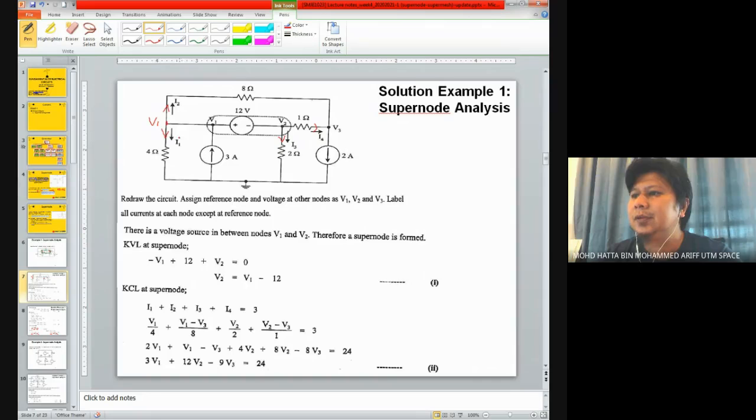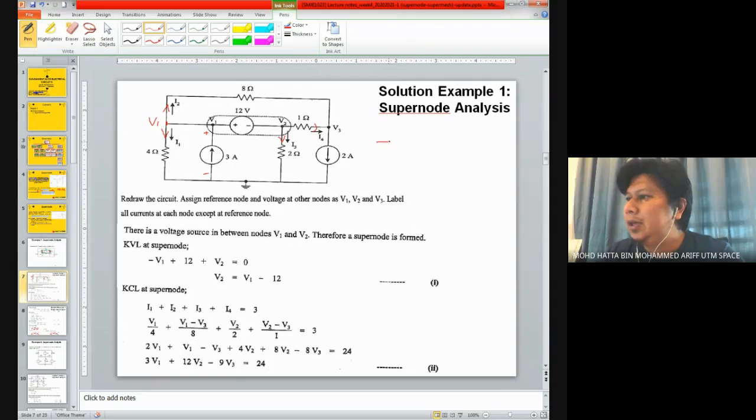Okay, and first of all, we need to apply Kirchhoff's voltage law at the supernode. If you look at the supernode, here we have V1 and V2. We can label it as positive V1 and negative V1.